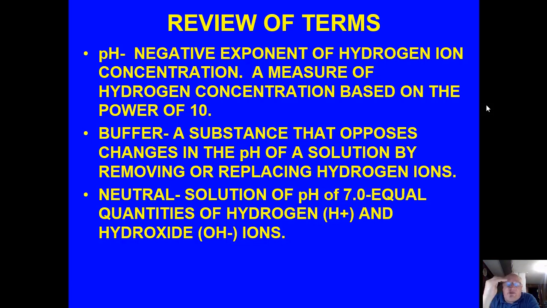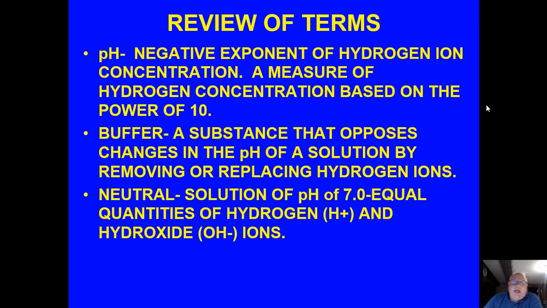So basically, if I went from 5 to 3, 10 times 10, I've increased the concentration by 100. If you get confused, think about it this way. The higher the pH number, the lesser the concentration of hydrogen ions. Whereas the lower the pH number, the higher the concentration of hydrogen ions.